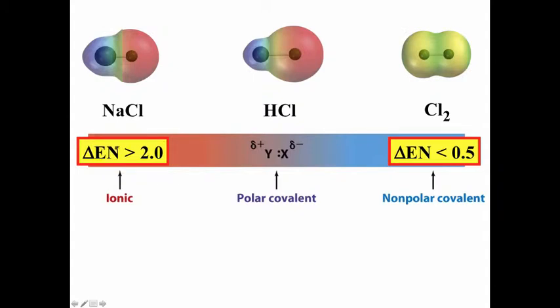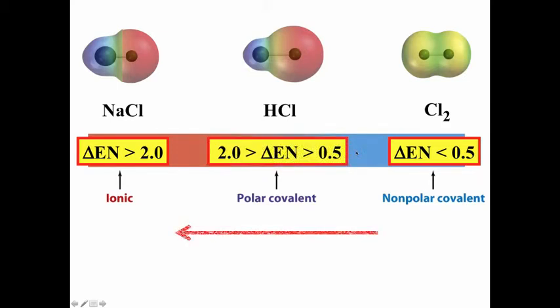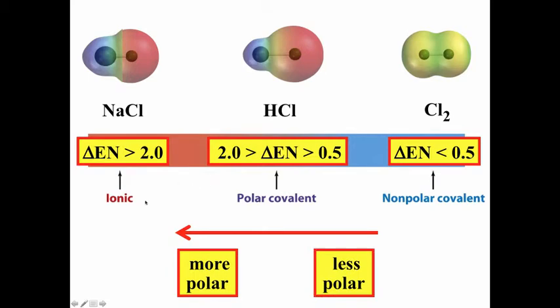But it's really a continuum, and at one end are more ionic bonds, at the other end are more covalent bonds. These would be larger polar covalent, these would be smaller polar covalent, and the general trend is the bigger the electronegativity difference, the more polar the bond, the smaller the electronegativity difference, the less polar the bond.